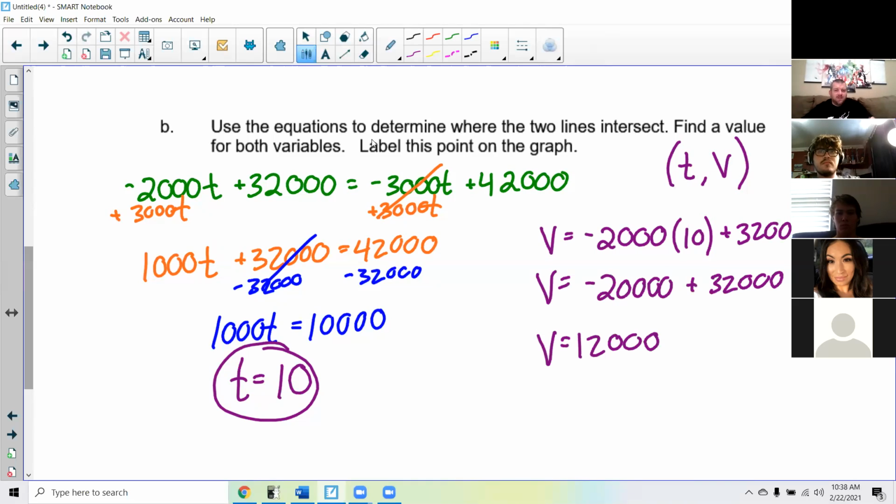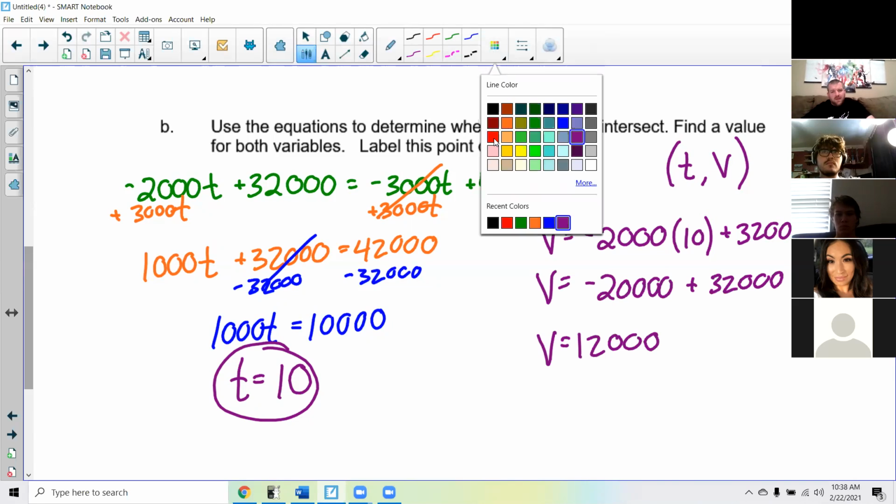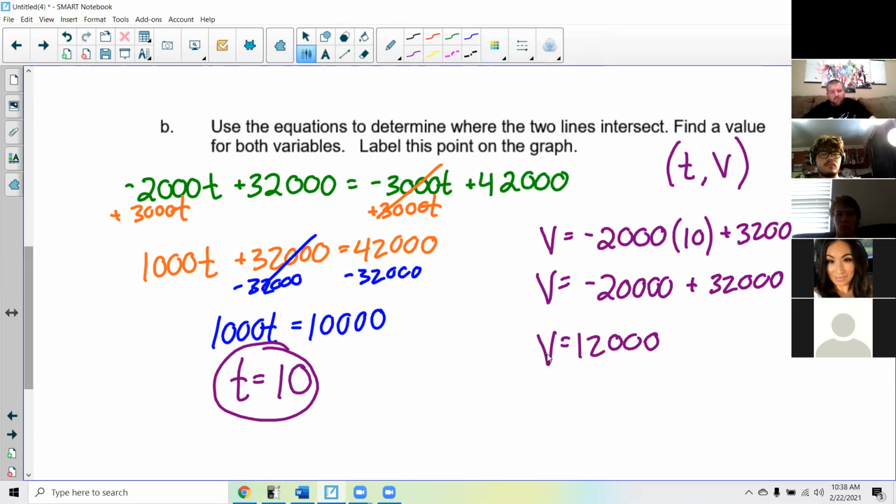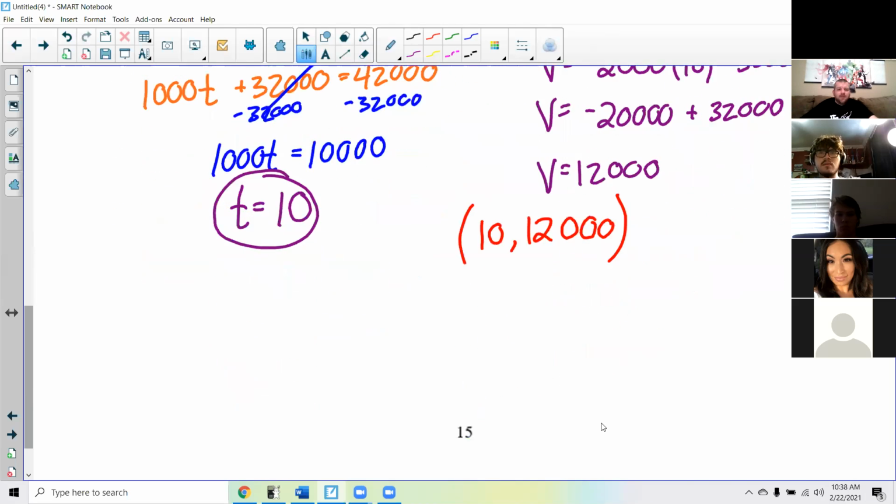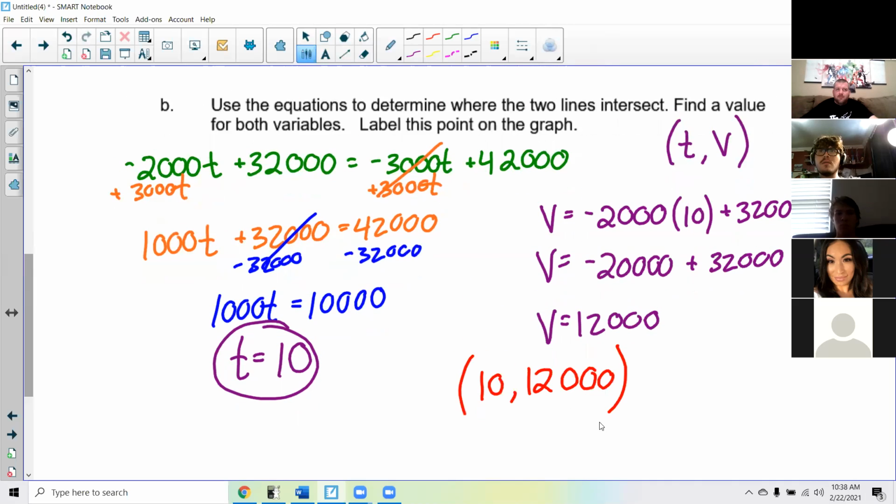So I know after 10 years, the machine from Duplicate will be the same value as the machine from Multiview, and that value is $12,000. So the intersection point is going to be 10, comma, 12,000. Okay. Any questions on that? All right.